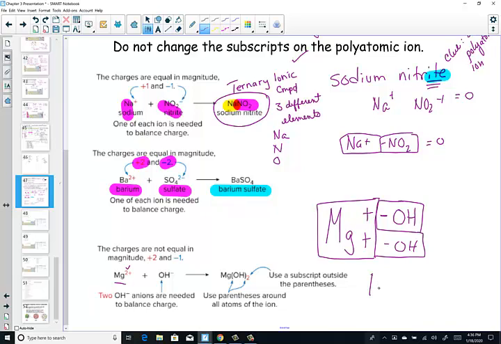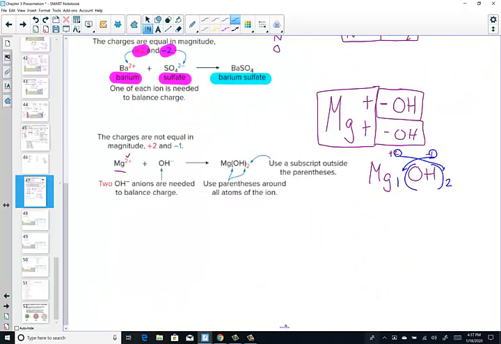Now the trick here says, here's magnesium, it's plus 2. Here's hydroxide, it's a minus 1. We're going to crisscross just as we did before, and we'll bring those around and down. Now I want to take 2 whole groups of hydroxide. So inside of a parenthesis, OH taken twice.